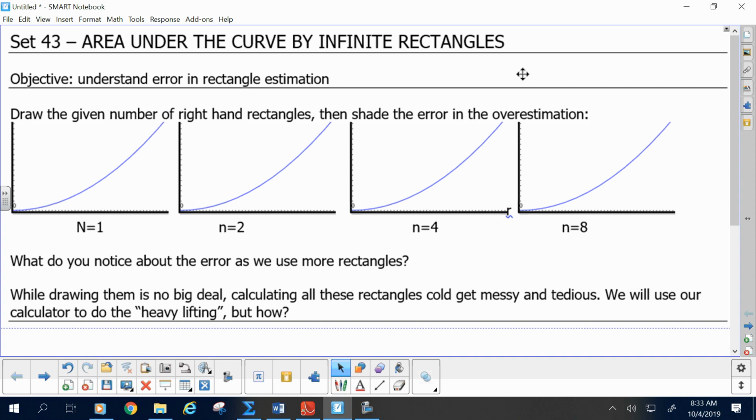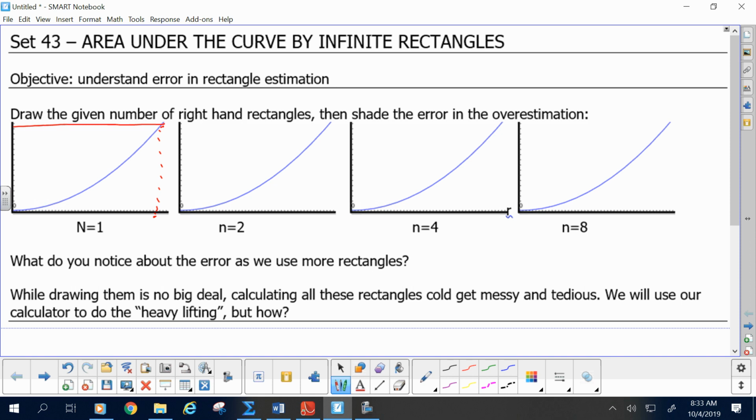But the first thing I need you to understand or reinforce is that if I use rectangles, I'll get error, but I can minimize that error. So for example, if I try to find the area under the curve here with only one right-hand rectangle, that would mean using the right side for my height, and that big old rectangle would have way too much error.